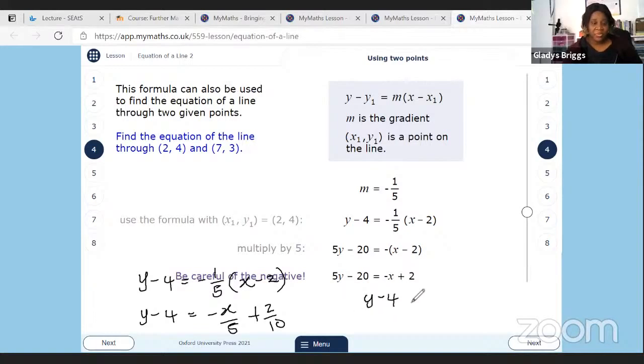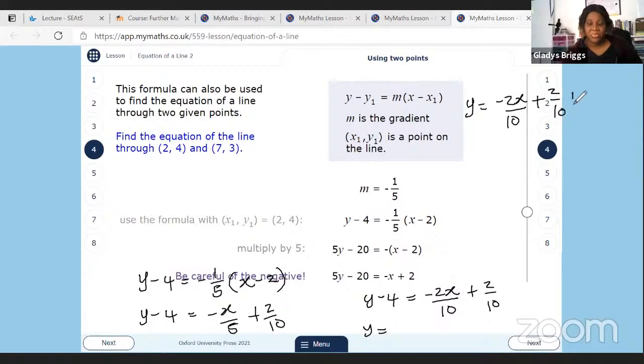y minus 4 is equal to, if I times this by 2, I will have minus 2x over 10 plus 2 over 10. Yeah, and then I can write this side as y is equal to, let me complete, y is equal to minus 2x over 10 plus 2 over 10 plus 4, yeah?